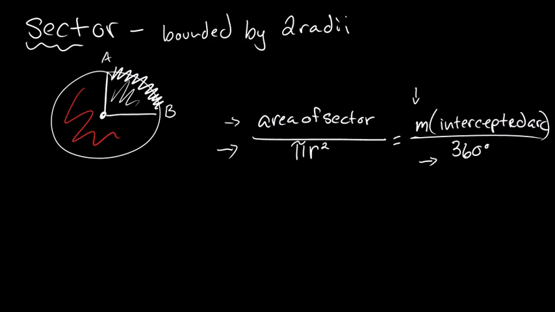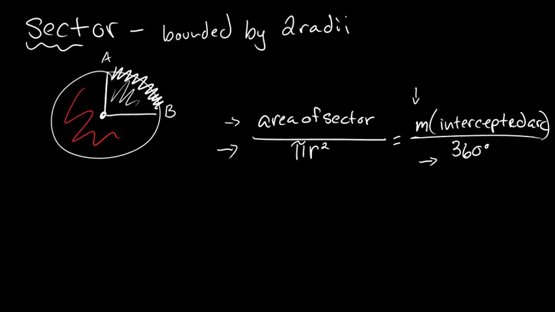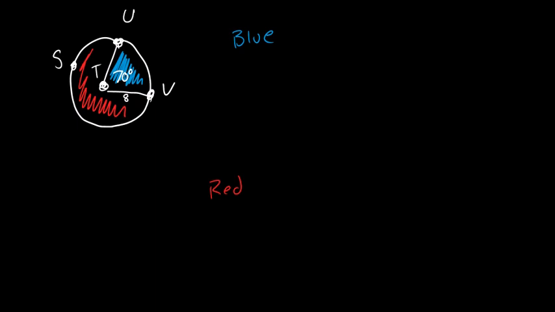So, following this is an example, and it is example 2 on page 756. In this example, it says that we want to find the area of the sectors formed by angle UTV. So let's find the area of the blue and then the area of the red. Alright, so let's first set up our proportions. So flipping back to my formula here, area of the sector over the entire circle.